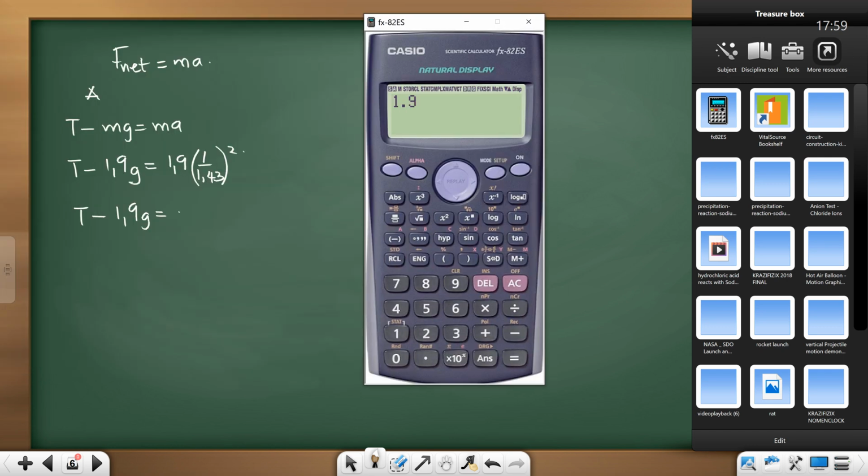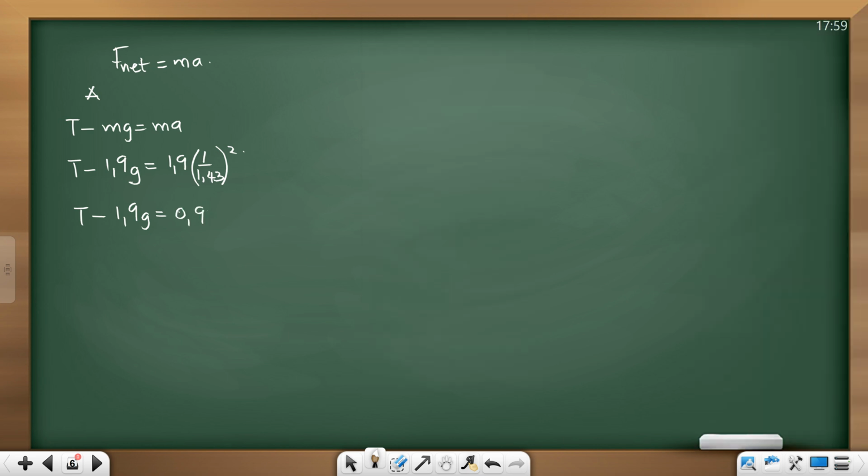So 1,9 multiplied by 1 over 1,43 squared. All right, we have 0,9291. Okay, so we don't round off early. 0,9291. That's our first equation. So let's go check the one for B.